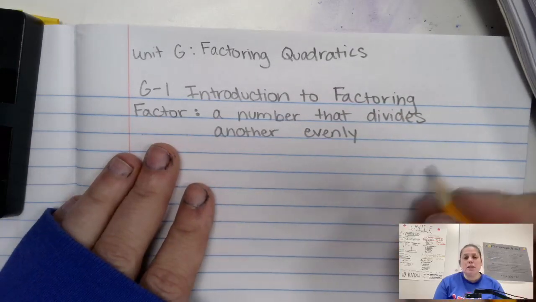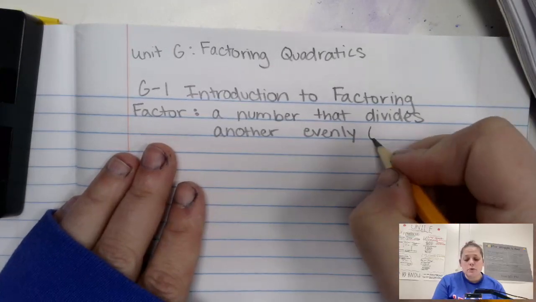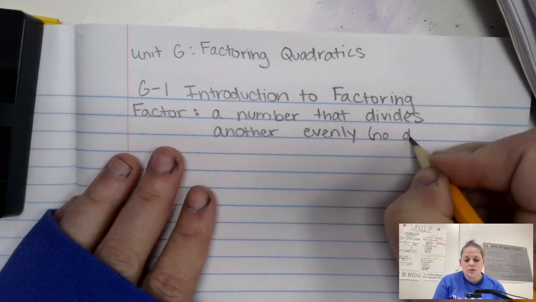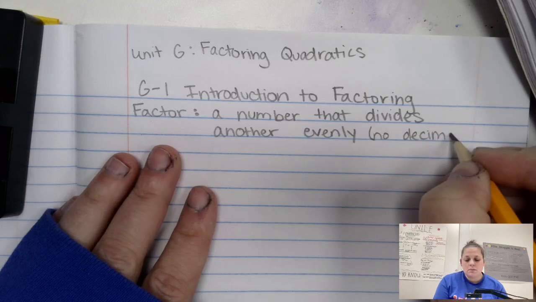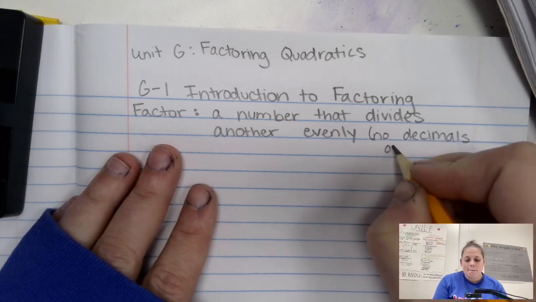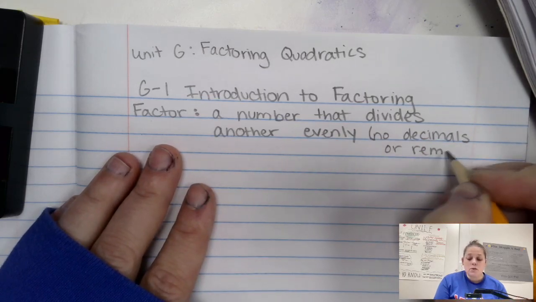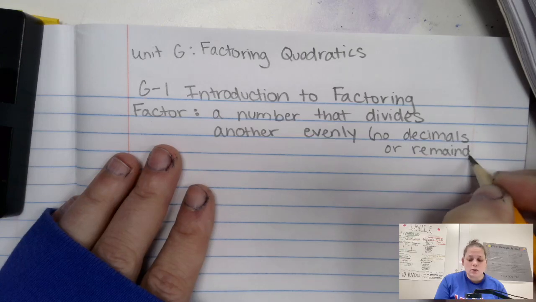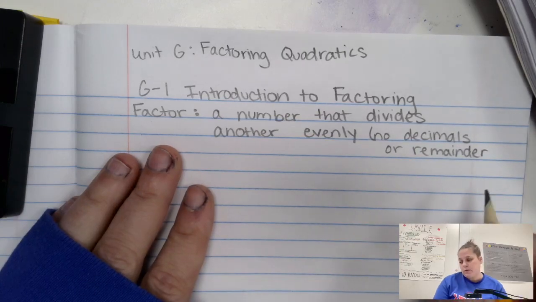Okay, and evenly means that there's no decimals or remainders. So nothing left over, it goes into it exactly a certain amount of times.